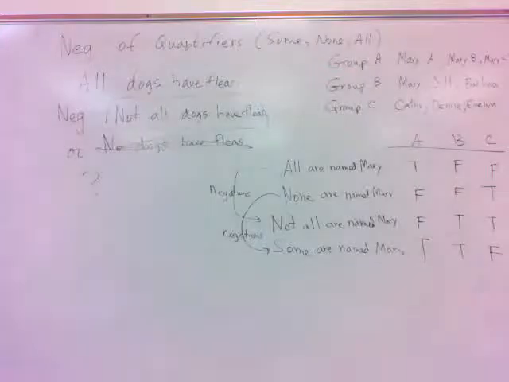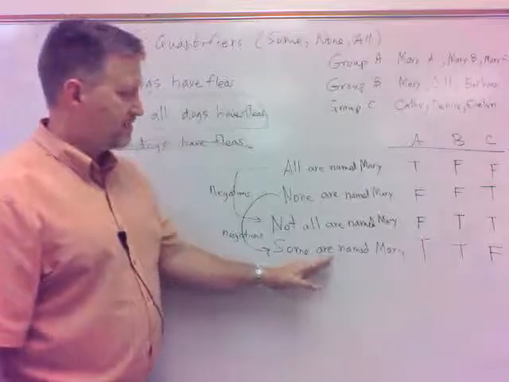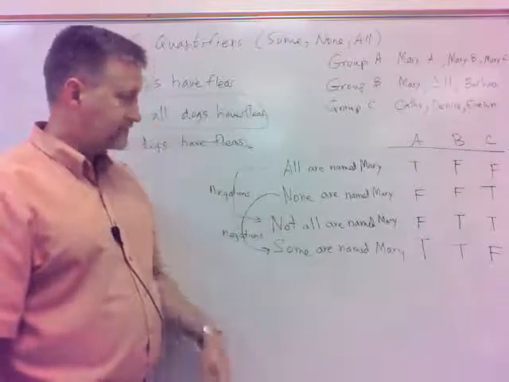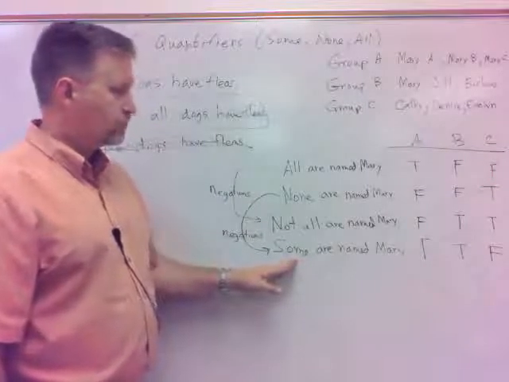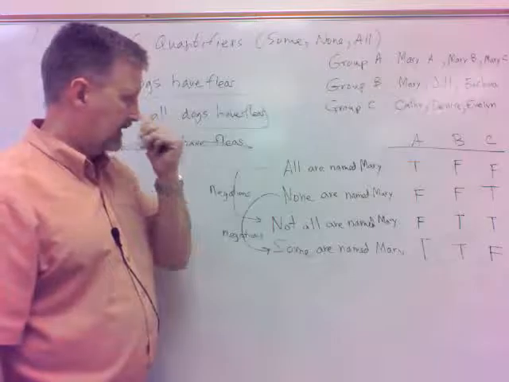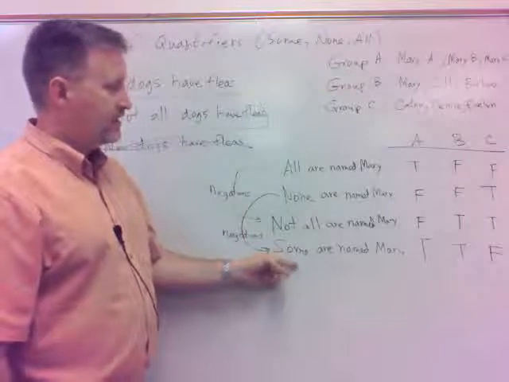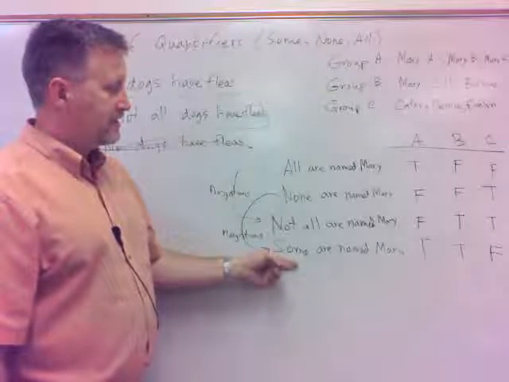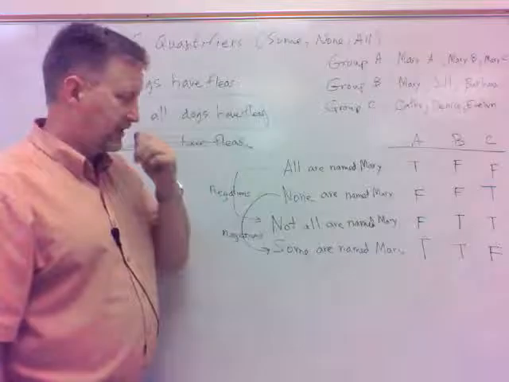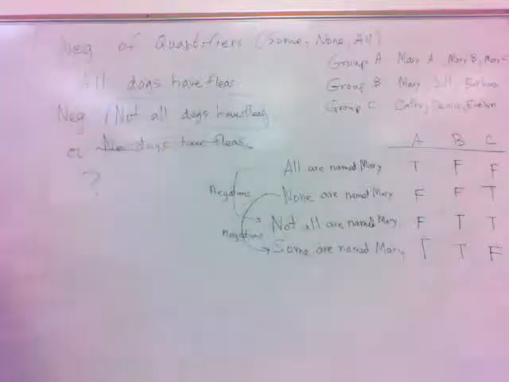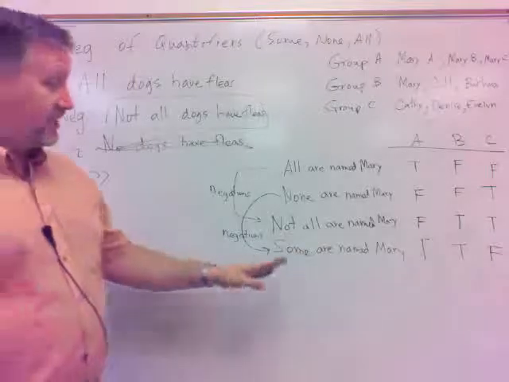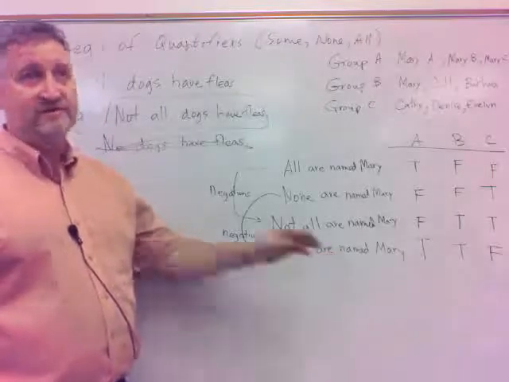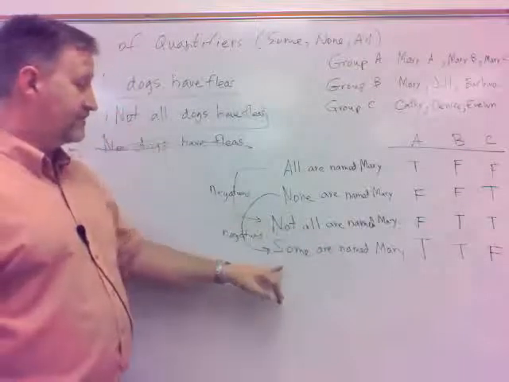Now, "some are named Mary" is really a tricky one too, because a lot of times we say put in the word "not" and you'll negate it. Well, let's look at putting in the word "not" here, because that's what people often want to try on a test.